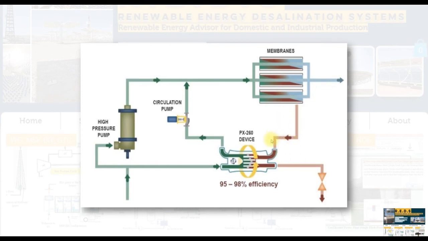We utilize its pressure, transfer it and exchange it with the feed, and proceed again to the mixer unit. By this operation, we reduce the load on the high pressure pump.